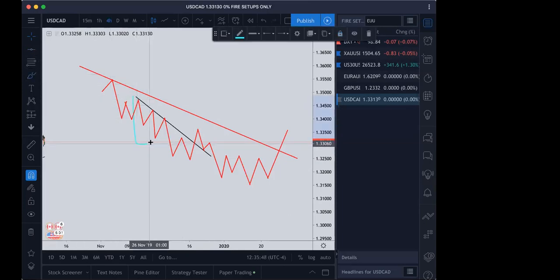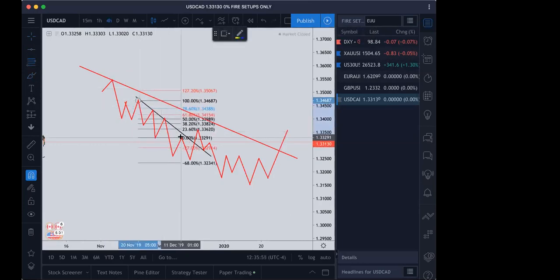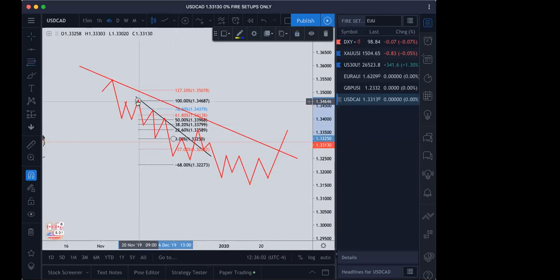Okay, where do you put the fib on the bearish W? On which leg? On this leg. Middle leg, top, high to low. On which leg?